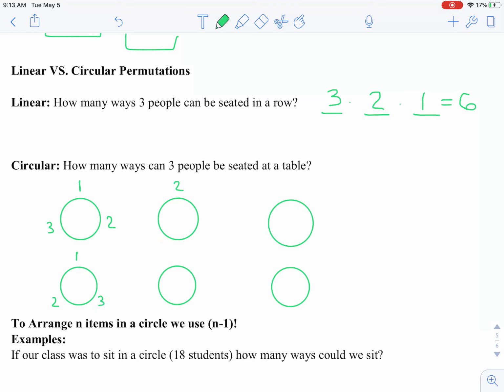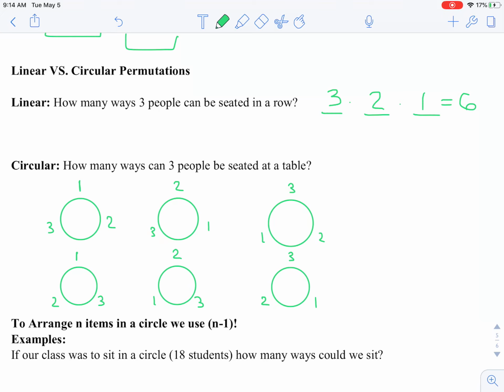The other way, I could have the 1 at the top, the 2 on the left, the 3 to the right. We'll bring 2 to the top, 1 on the left or right, 3 on the left, and then flip those. And the last one, we'll put 3 on top, 1 and 2, 2 and 1. So it looks like there are 6 ways again.